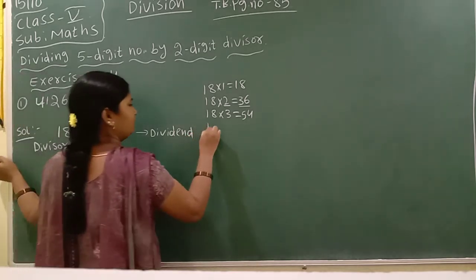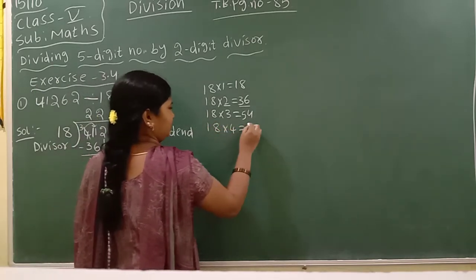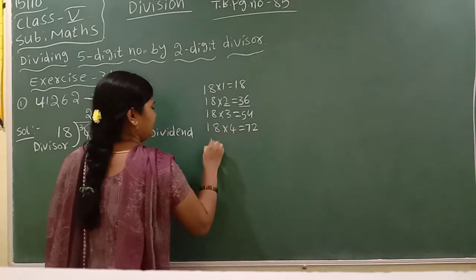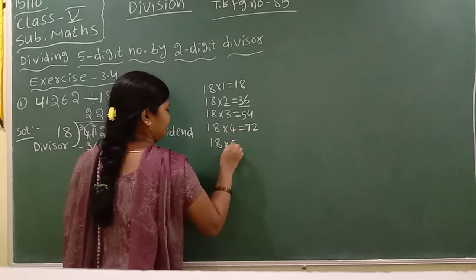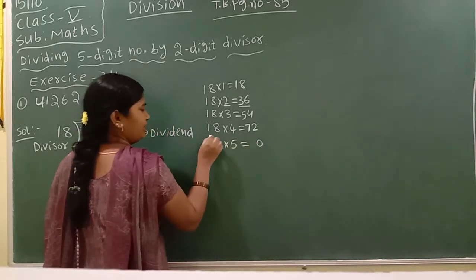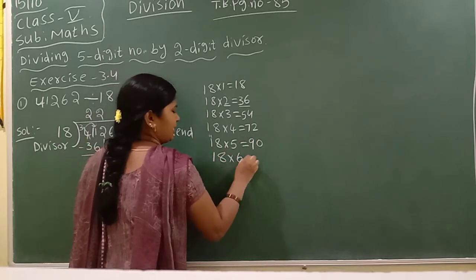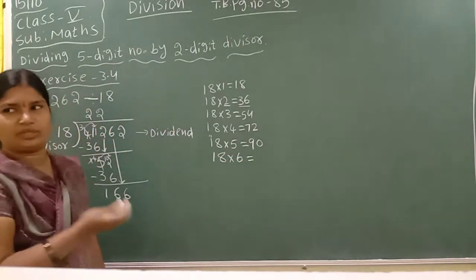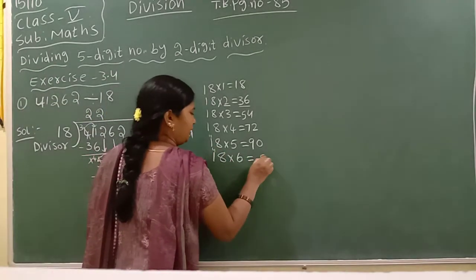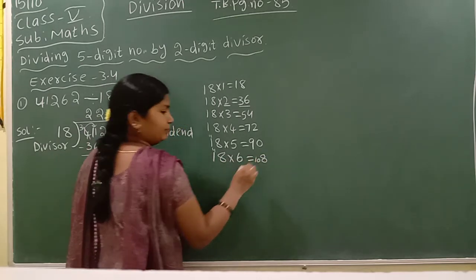Again you have to write down the 18 table and continue. 4 8s are 32, plus 4 is 36. 18 fours are 72. 18 fives: 5 8s are 40, 5 ones are 5, plus 4 is 9, so 90. 18 sixes: 6 8s are 48, 6 ones are 6, plus 4 is 10, so 108.